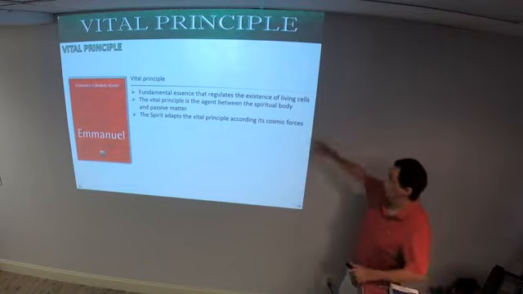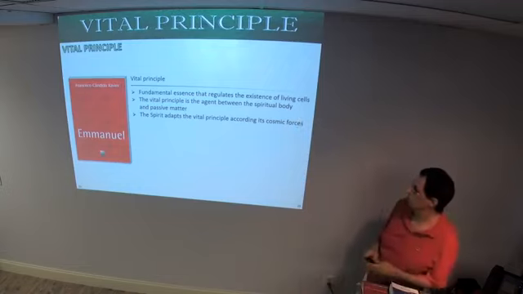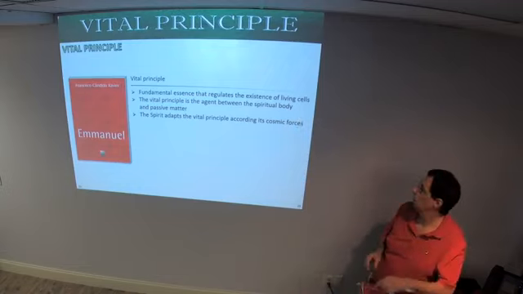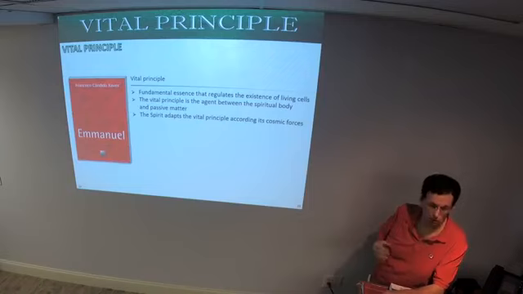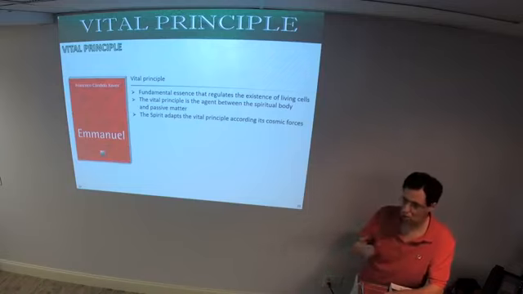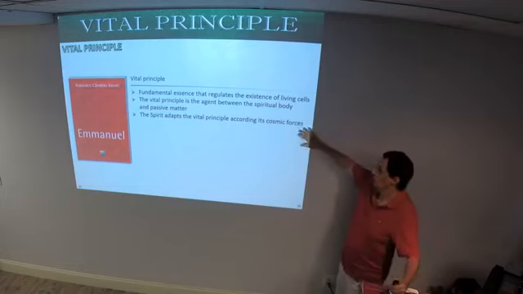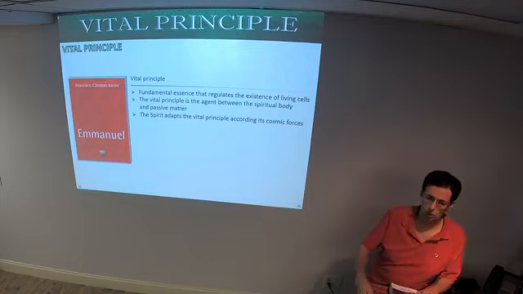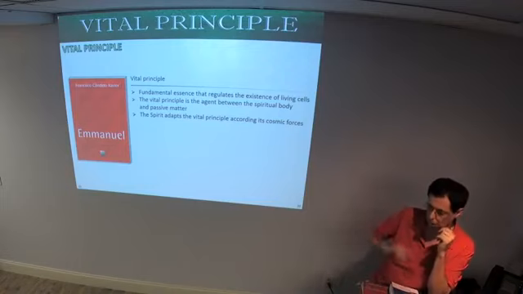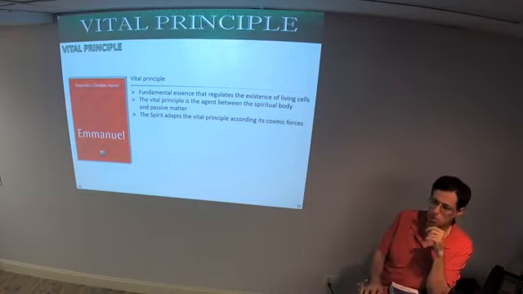Okay? The vital principle is the agent between the spiritual body and passive matter. It's what makes them talk to each other. Okay? And the spirit adapts the vital principle according to its cosmic forces. For example, in other planets, the vital principle is going to be different.